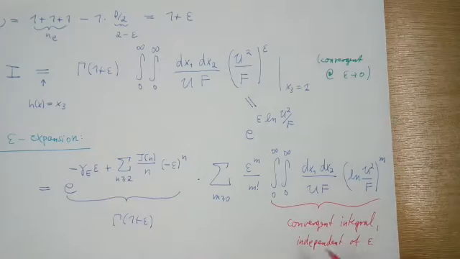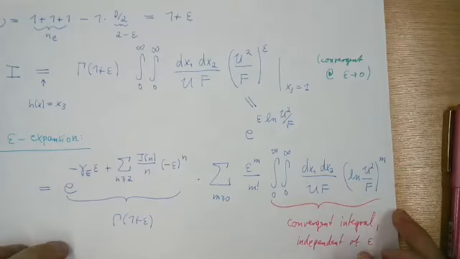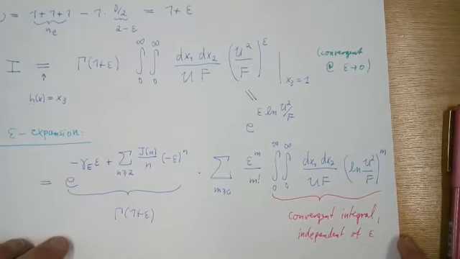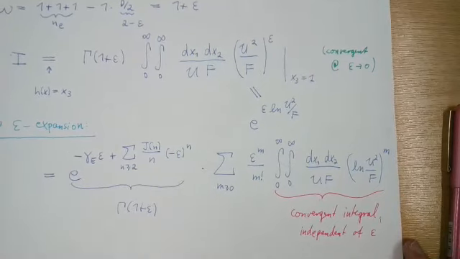So if you want to compute a term in the epsilon expansion, you can use this and write this coefficient in the epsilon expansion in terms of these kinds of integrals. And these are well-defined integrals, so you can evaluate them numerically with many different methods, or you can try to compute them exactly with symbolic methods, maybe with polylogarithms sometimes. It doesn't matter. The point is that this gives you a convergent integral representation of this epsilon expansion.